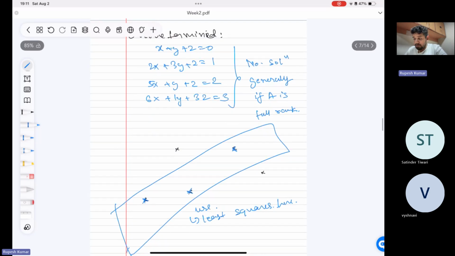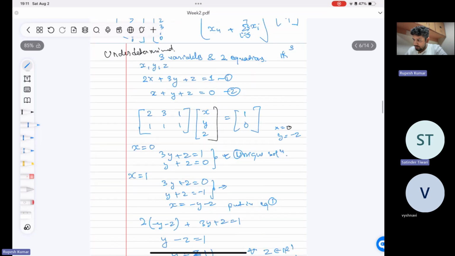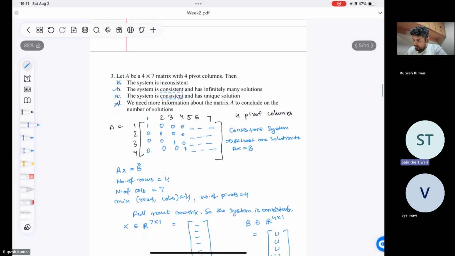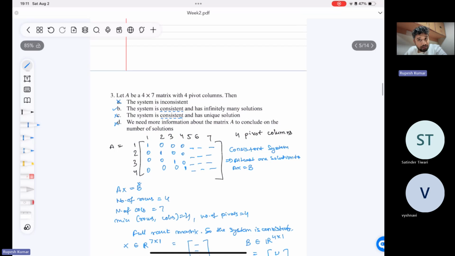Fine, Satinder, is this clear? Yes, sir. So the question we have discussed just now is an underdetermined equation. So it will be consistent and has infinitely many solutions. Yes, that's true. And to ensure that it has infinitely many solutions, you have to ensure that the matrix is full rank, right? Yes, sir.